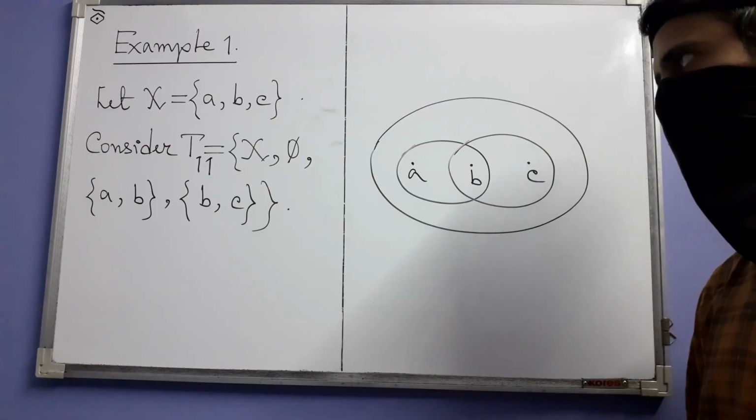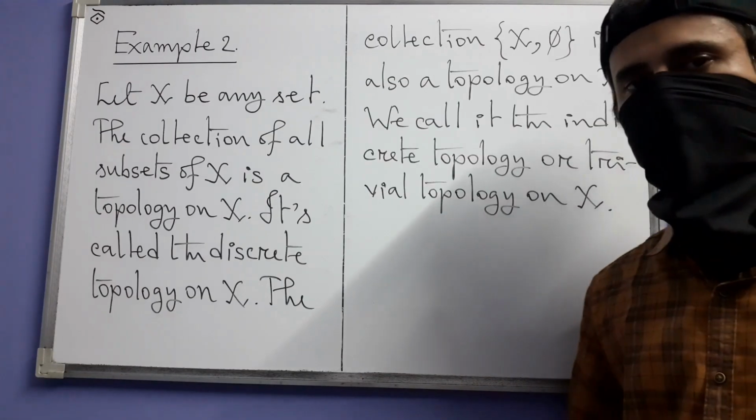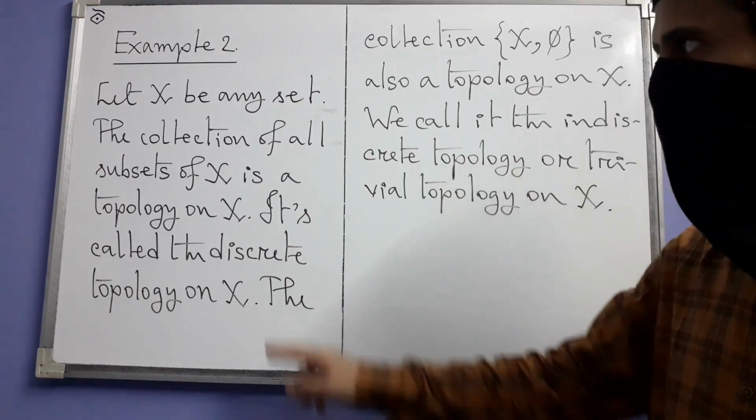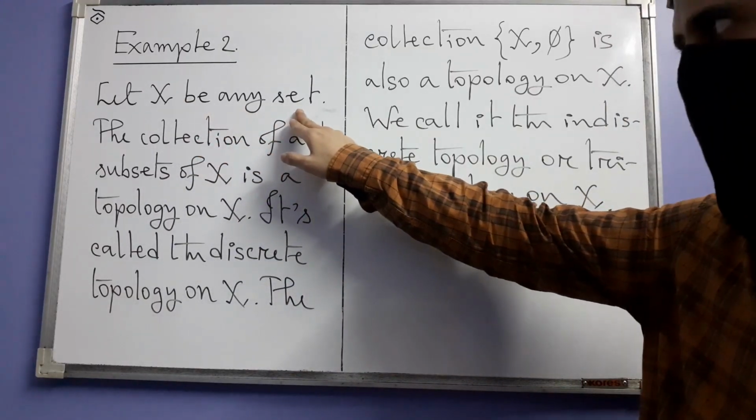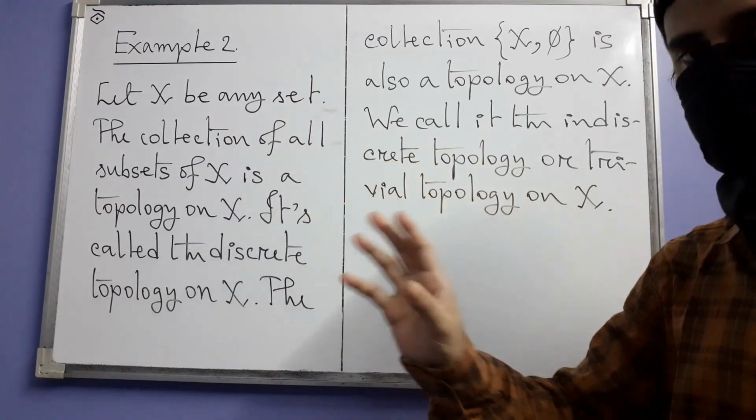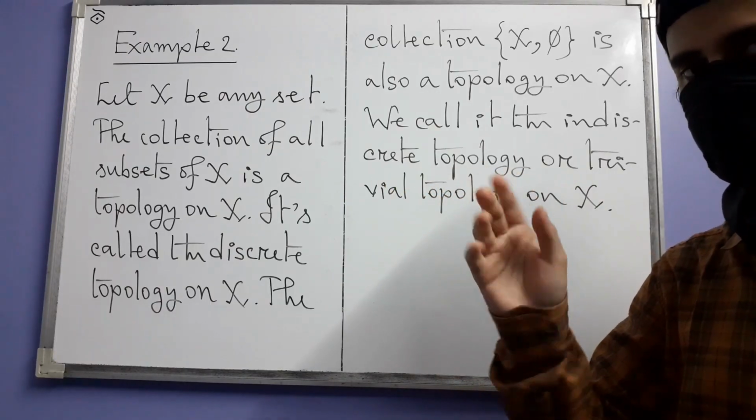Let's see what is there next. Example 2. Here we consider X to be any set, not anything specific consisting of 3 elements or anything.